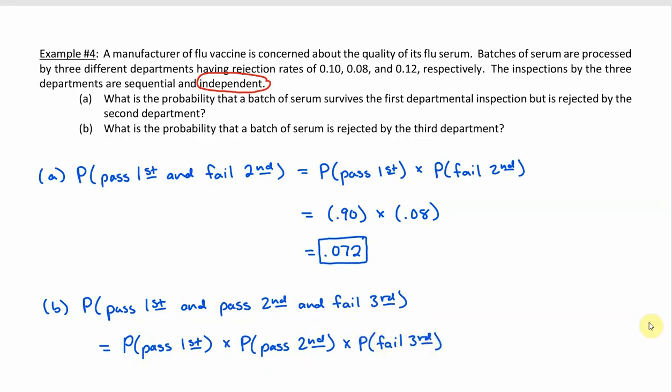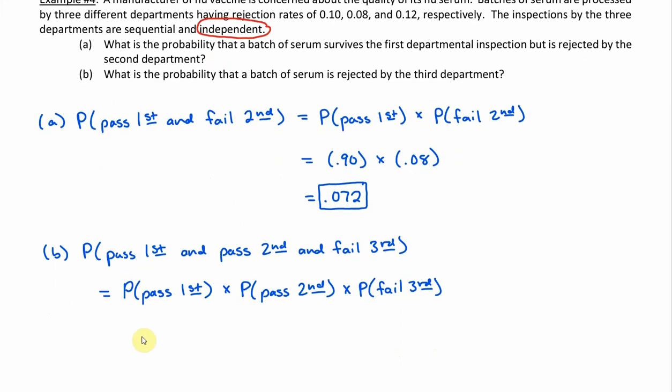And let's see, we know pass first is 0.9. We already have that one. Pass second would be 0.92 because for the second one, the failure rate or the rejection rate is 0.08. So 1 minus that is 0.92. So we get that here. And then fail third is the 0.12. And if you multiply this out, you get 0.09936.